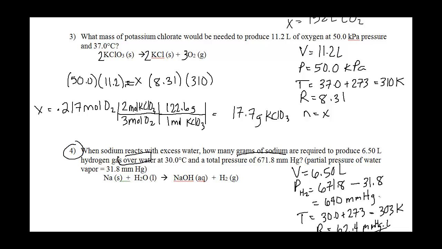So that's how I know this. I'm going to have to do the ideal gas law first, then make sure you've got everything balanced. Your equation's balanced. You do the ideal gas law first, find your moles, then use your mole ratio, and get to grams of sodium.